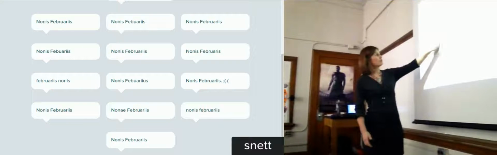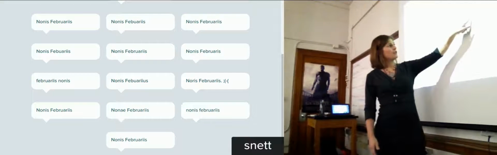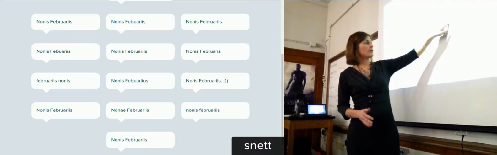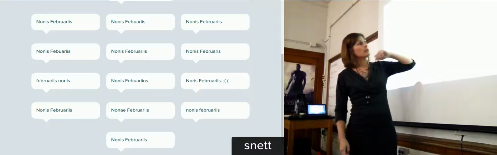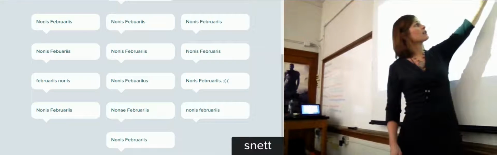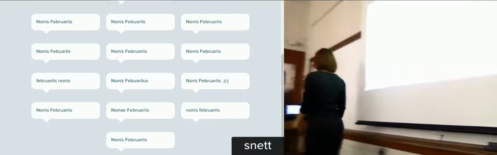In the future, we're going to just flip it so that it's Nonis Februariis, but everyone else is on target. This might just be a typo because the I is definitely next to the U, but there would be no U because it's ablative plural. And then this one needs an extra I because there's an I as part of the stem, and then an I as part of the ending too.